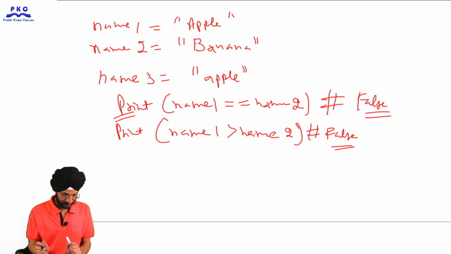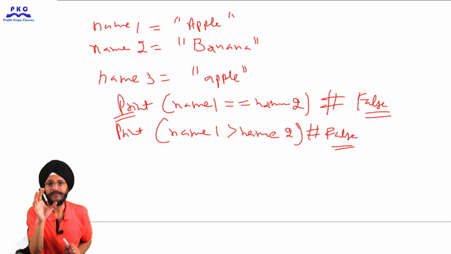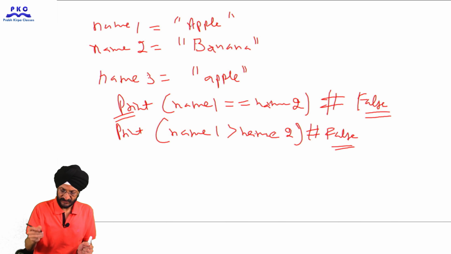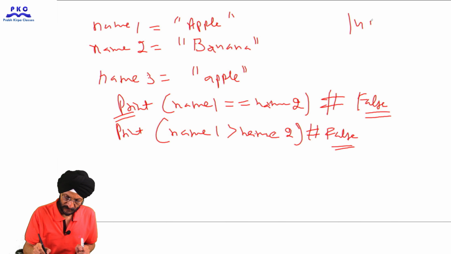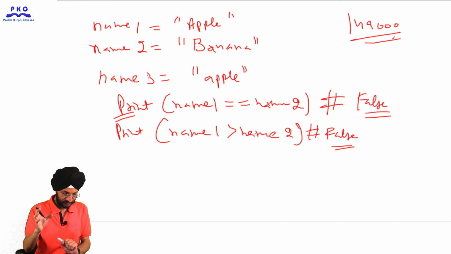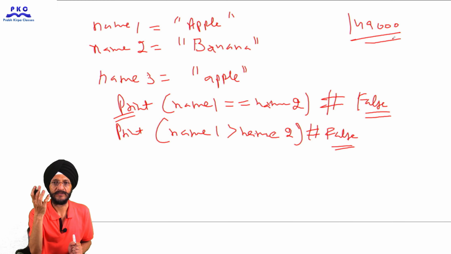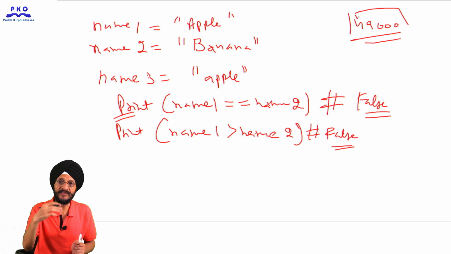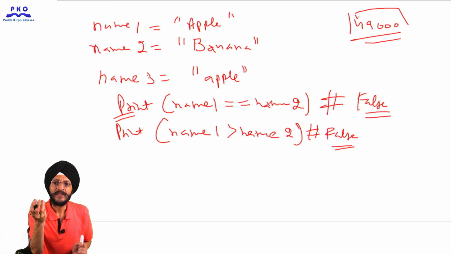Further, A has less Unicode value as compared to B. Unicode has about 149,000 characters. Unicode supports this number of characters, and these characters may be letters, emojis, numbers.